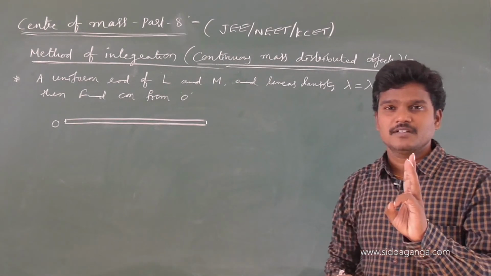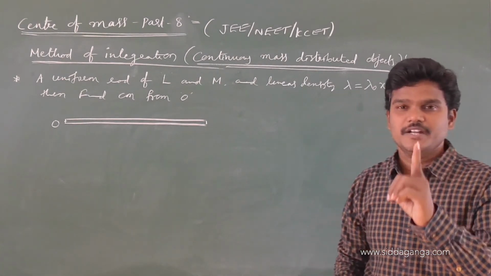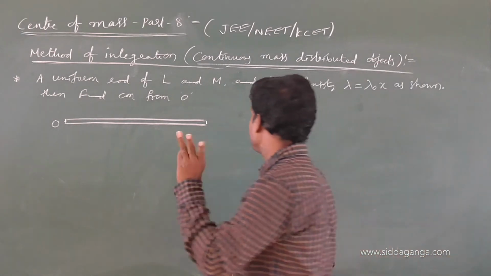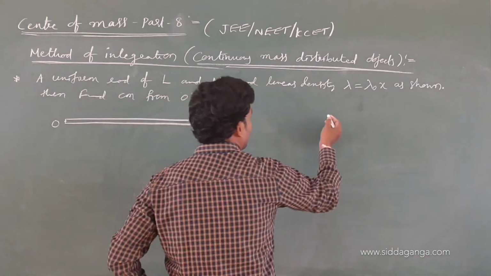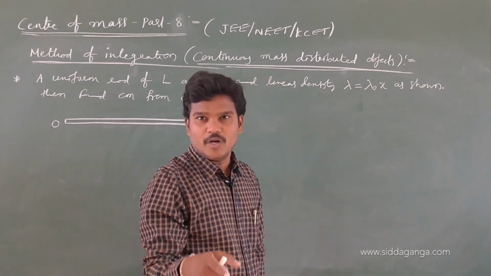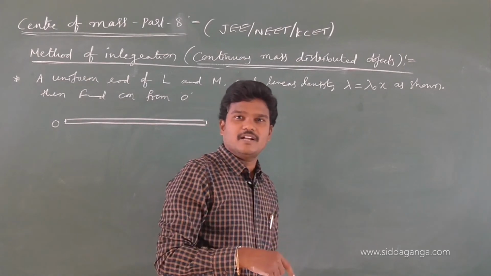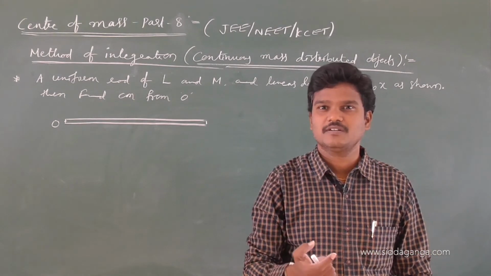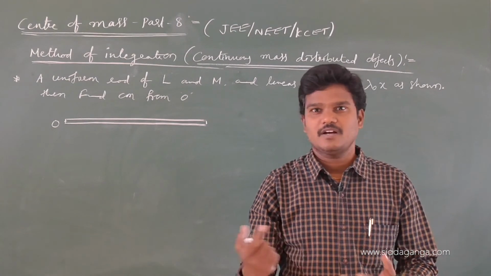Keep in mind, there are three types of densities: linear, areal, and volumetric. Three types of objects we are going to solve. One is linear: some straight wire or curved wire. One more is areal: some circular shape will come, like a hollow sphere or hollow hemisphere.